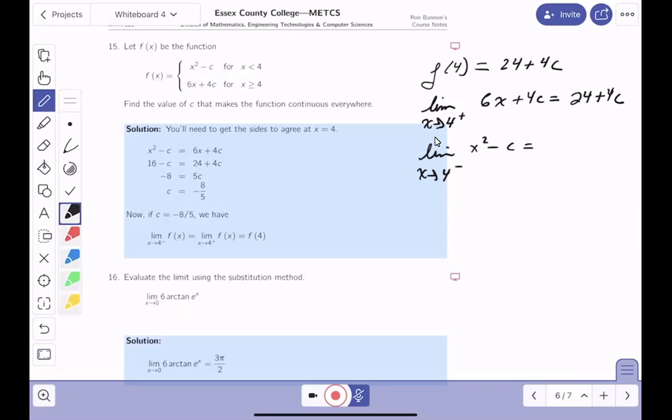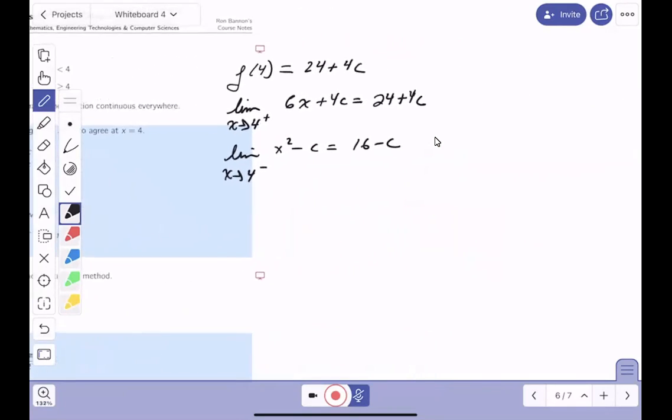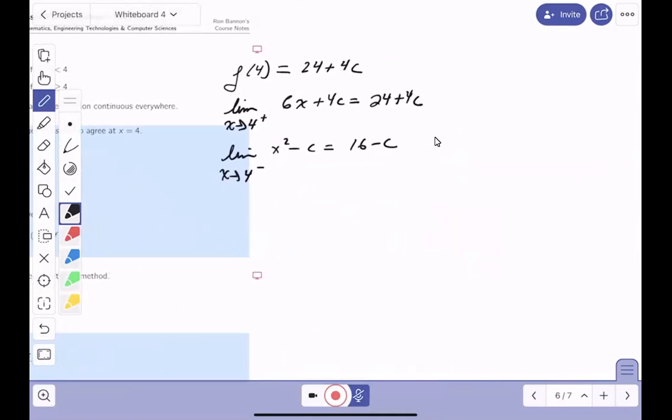All right, what does this give us? Well, 16 minus c. Now, what do I know? If it's continuous at that, what do I know? Everything's got to be equal. So these two limits have to be identical. Let's write that down. 24 plus 4c has to be 16 minus c. Let's go through it.